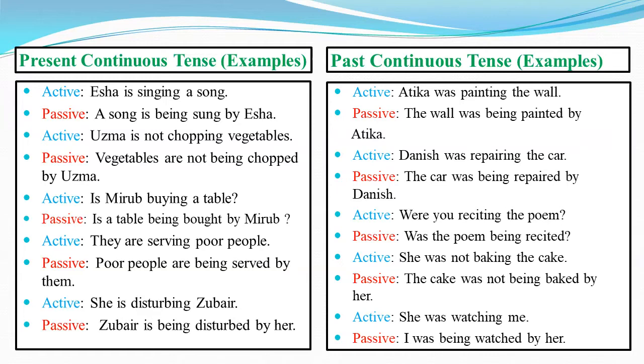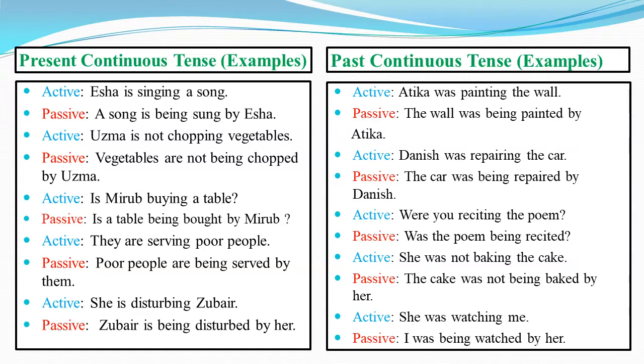Okay, and in interrogative sentences, in active voice, we will write was/were first, and then subject, and then first form of verb plus ing, and then object, and then question mark. Okay, and while making passive voice of interrogative sentence, we will put was/were first, and then object instead of subject, and then we will put being, and then third form of verb, by, and then subject.